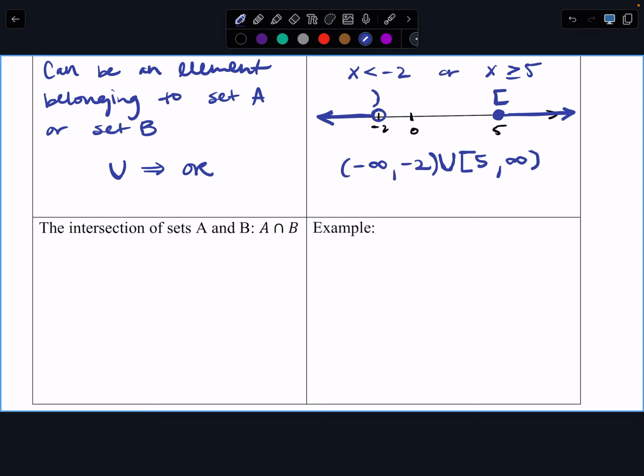Like A union B represented one solution set. We're taking the union of those two intervals to create this new interval. Same thing with the intersection of sets A and B. Now for an element to belong to A intersect B, or the intersection of sets A and B, elements must belong to both sets A and B.